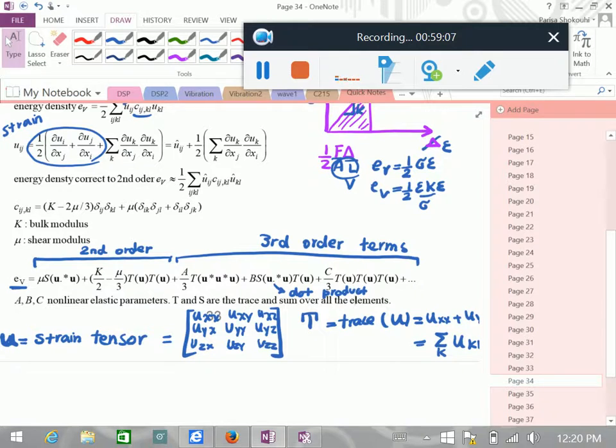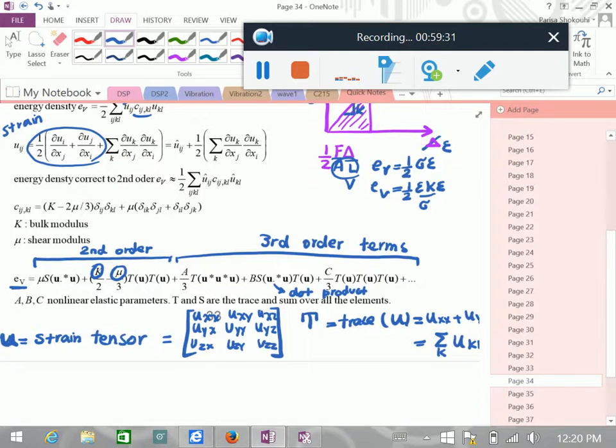I have left A, B, and C. What are A, B, and C? Okay, in linear elastic materials, we only have the first two terms. Right? And we only have two elastic parameters. I even brought the book with me.